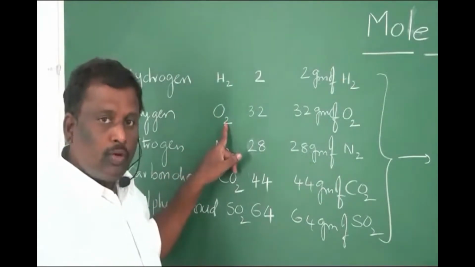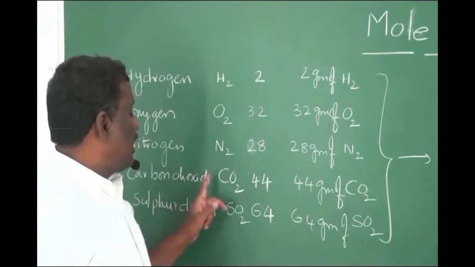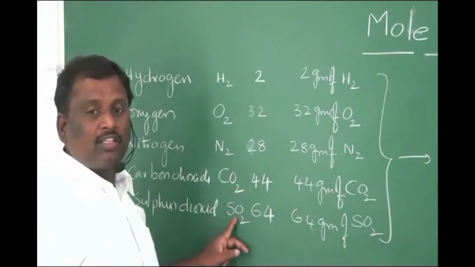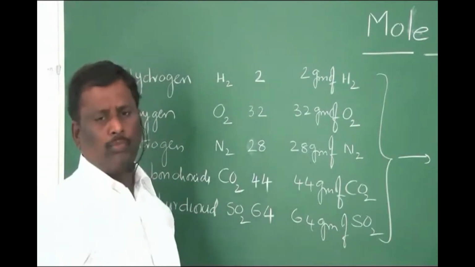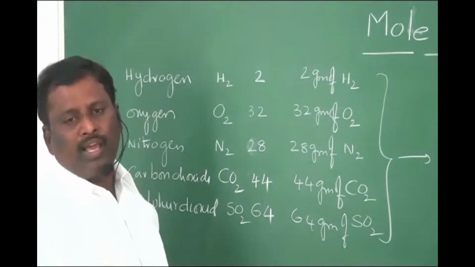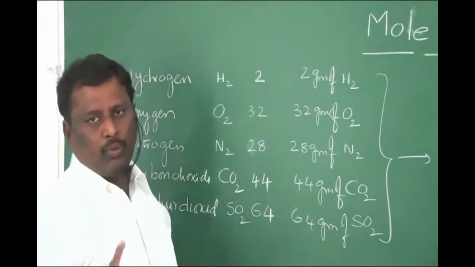Oxygen exists as O2 molecules. Nitrogen exists as N2 molecules. Carbon dioxide exists as CO2 molecules. Sulfur dioxide exists as SO2 molecules. The mass of these molecules is very small. That's why we have taken 1/12 of C12 isotope as one unit. That is said to be 1 AMU.